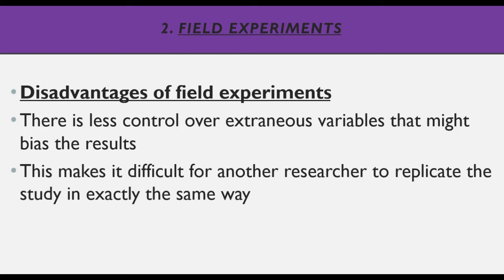Halimbawa, sa field experiment, mas maraming extraneous variable kaysa sa laboratory experiment. Okay, such as noise, hindi mo makokontrol yung mga ganon. This makes it difficult for another researcher to replicate this study in exactly the same way. Okay? It can be the same procedure, however, mahirap i-replicate ang field experiment.